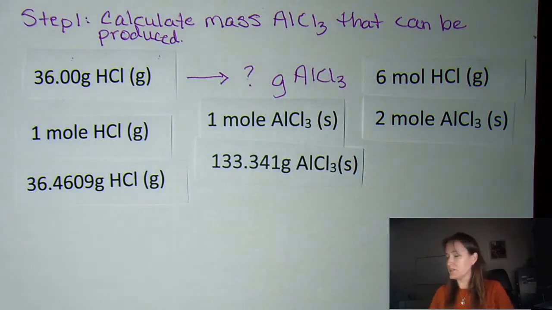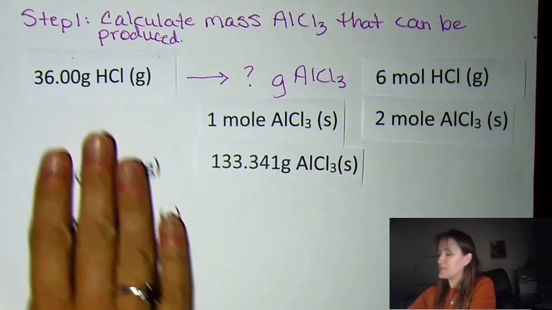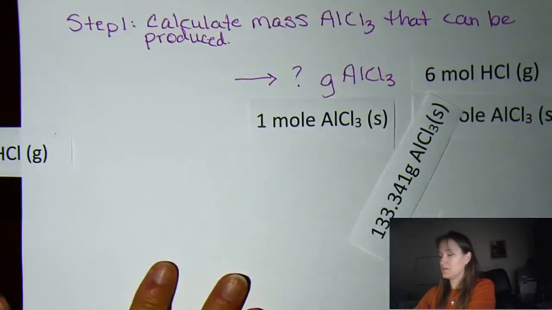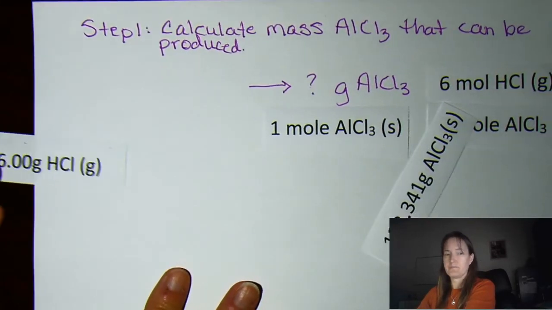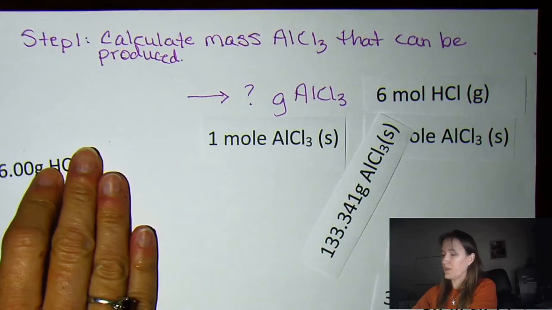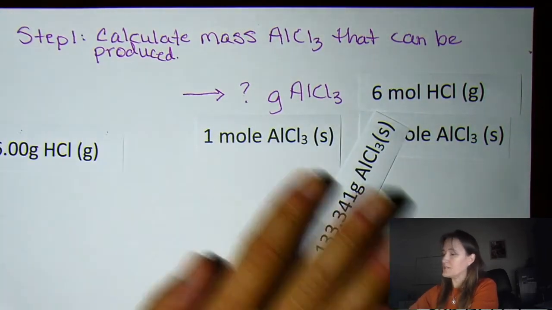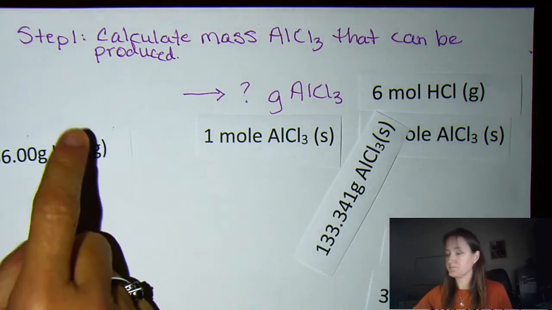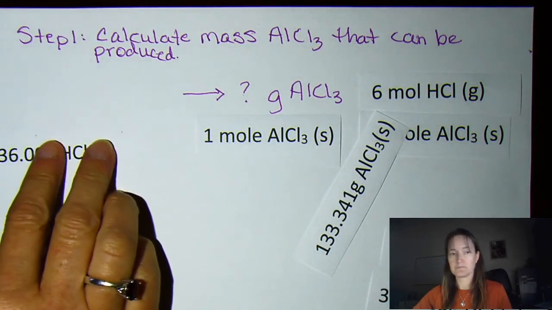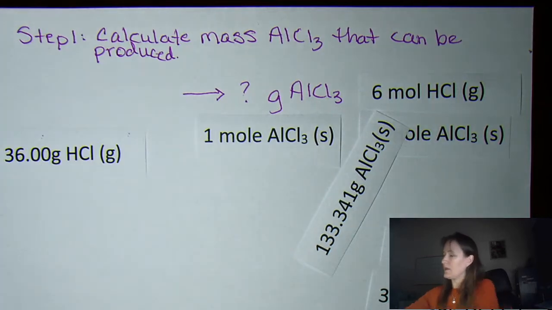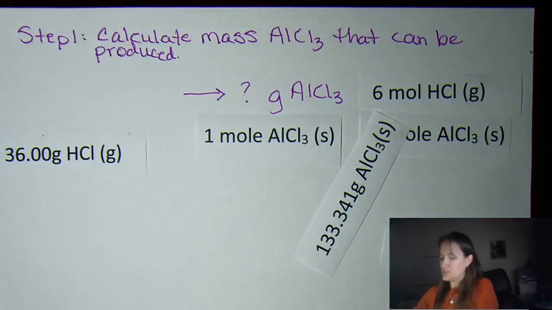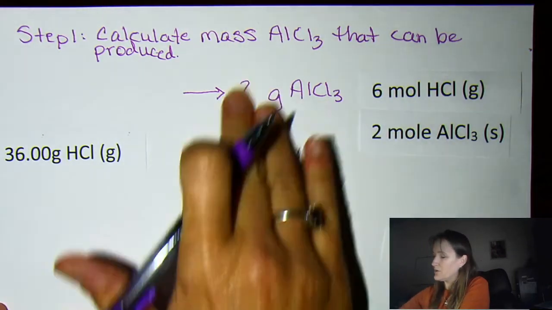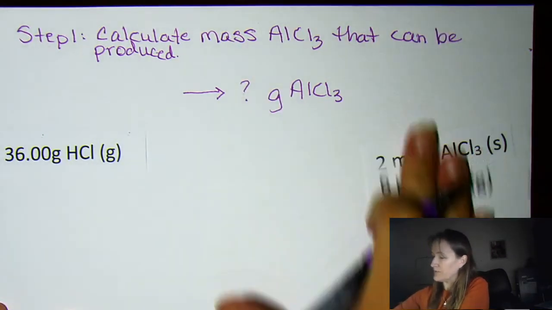So to do this calculation, we take our measurement, which is our 36 grams, and we are going to get rid of grams of HCl. To convert from grams of HCl, we need to cancel grams of HCl.